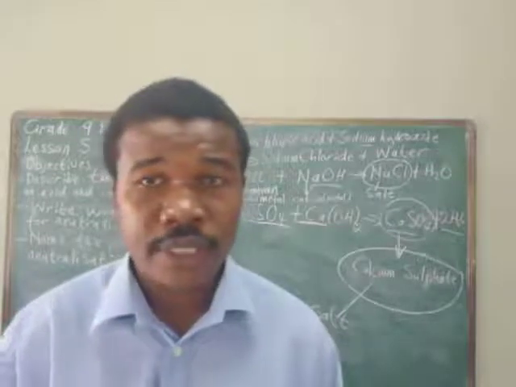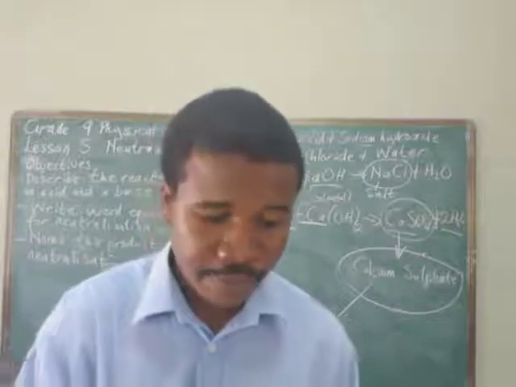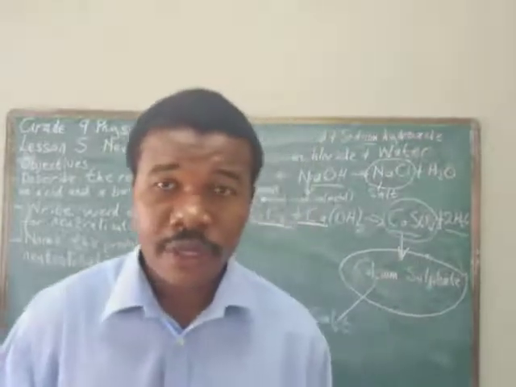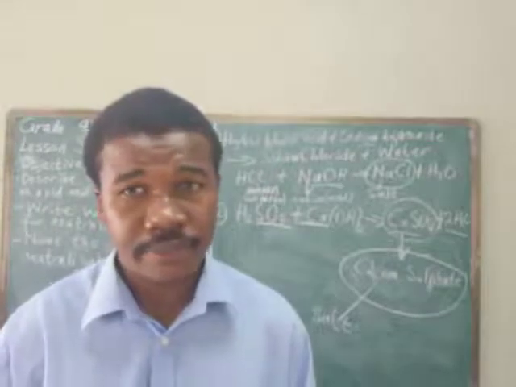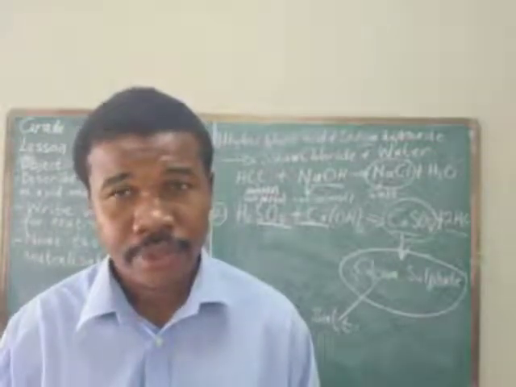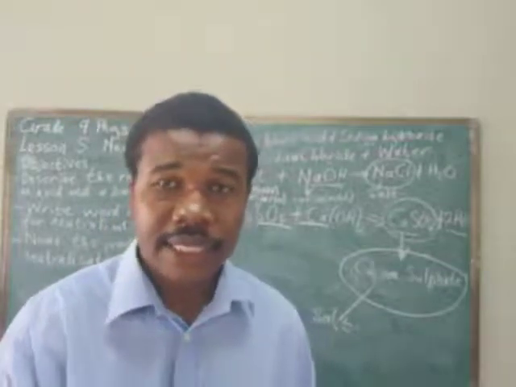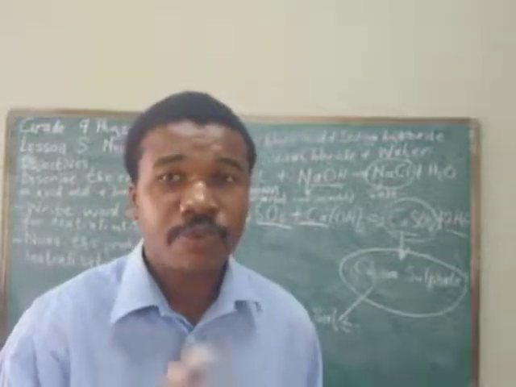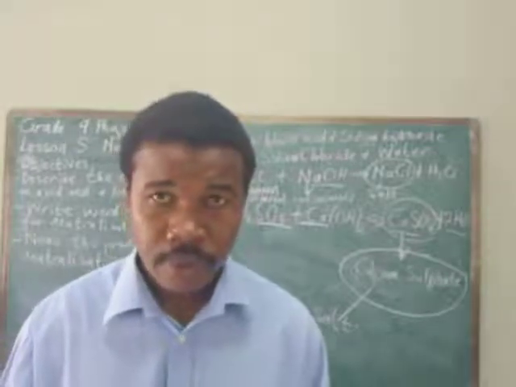What would you react sulfuric acid with to produce potassium sulfate plus water? Sulfuric acid plus a base to produce potassium sulfate and water. Okay?